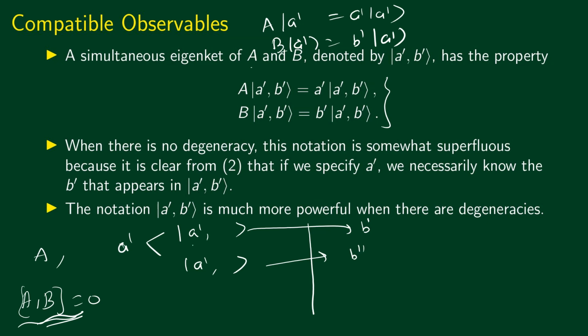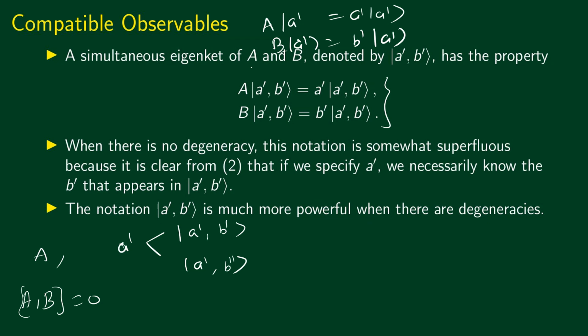Now, if along with A prime I also give the eigenvalue of B, then the state is completely specified, completely labeled. That's why, if there are degeneracies, this notation becomes very powerful.